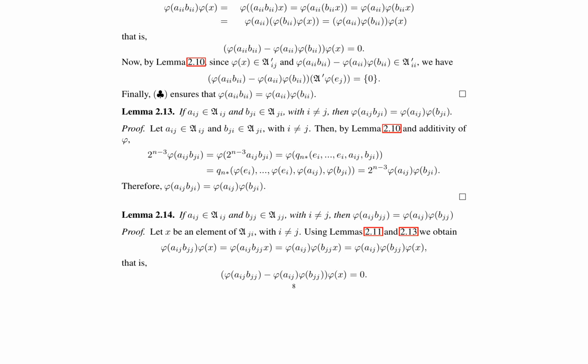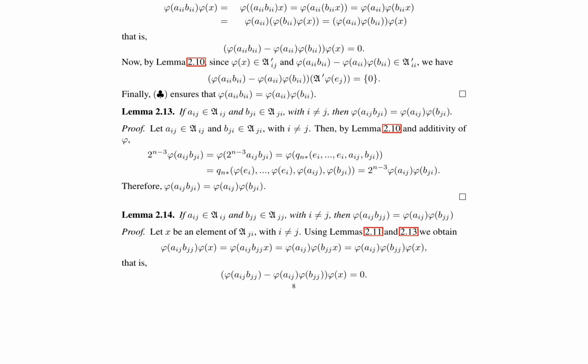This property is then used in lemmas 2.11 and 2.13 to demonstrate the additivity and multiplicativity of phi, respectively. Additionally, lemmas 2.12 and 2.14 further illustrate the multiplicativity of phi, collectively establishing this crucial property in the study of alternative algebras.